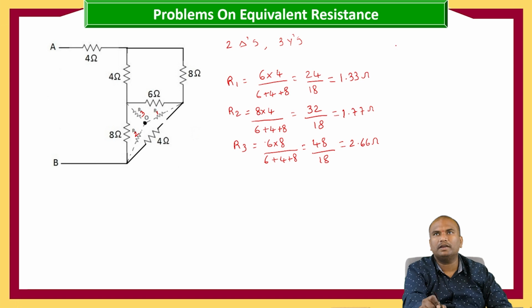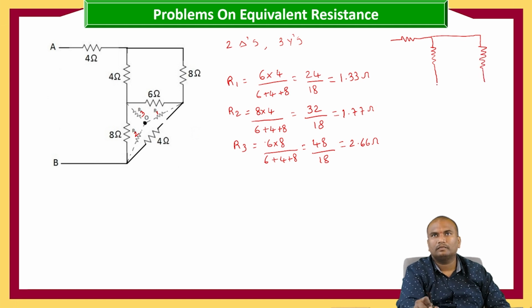Now the circuit will become, this is between A, B, 4 ohms, 4 ohms, 8 ohms.